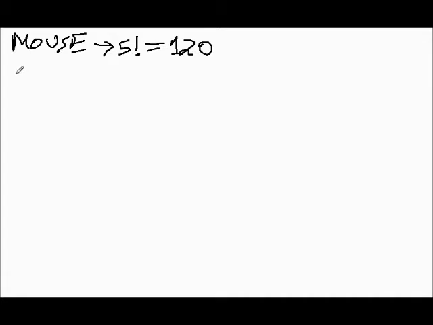So, of course, the question is, for n items, there's n factorial ways of arrangement, what happens if you have repeated items? So, for example, if you change the U to an O, you get moose. So how many ways are there to rearrange the letters in the word moose? Well, for starters, you still need the total count. 1, 2, 3, 4, 5. There are still 5 letters in the word moose. But you have these 2 repeated O's.